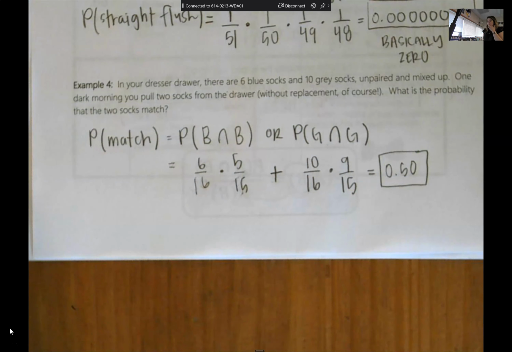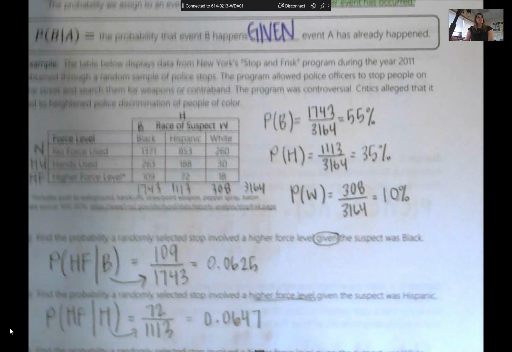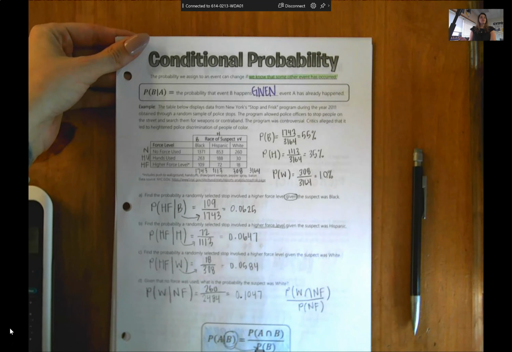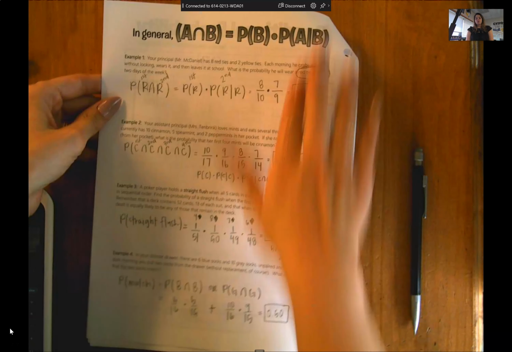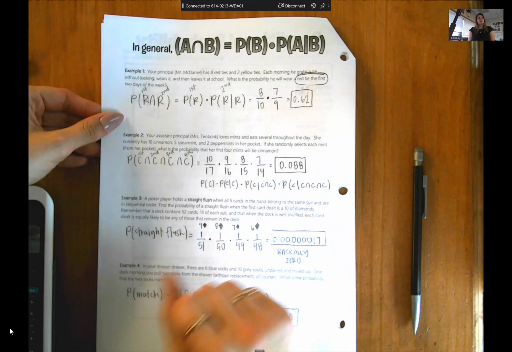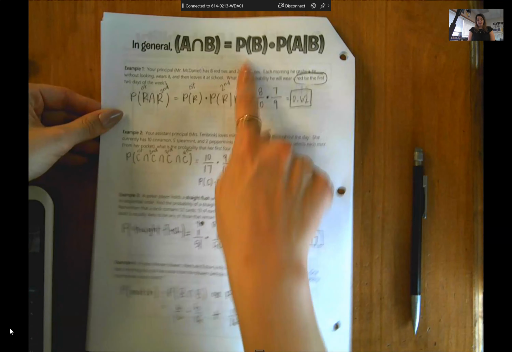So the beginning of conditional probability is that your probability changes given you know something already happened. You can solve problems with conditional probabilities like this.